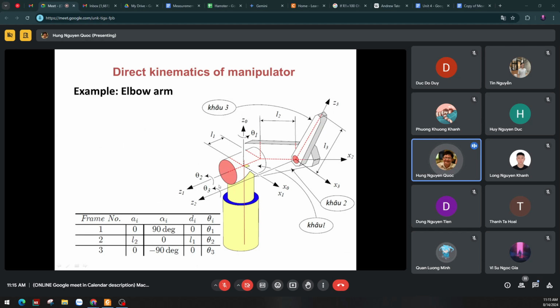So this is Z0 here, X0 here, and this one here. In this case, I choose O0 and O1 to be the same. As I mentioned, you can choose here or you can choose here; in this case, I choose here. What is the benefit when you choose here?